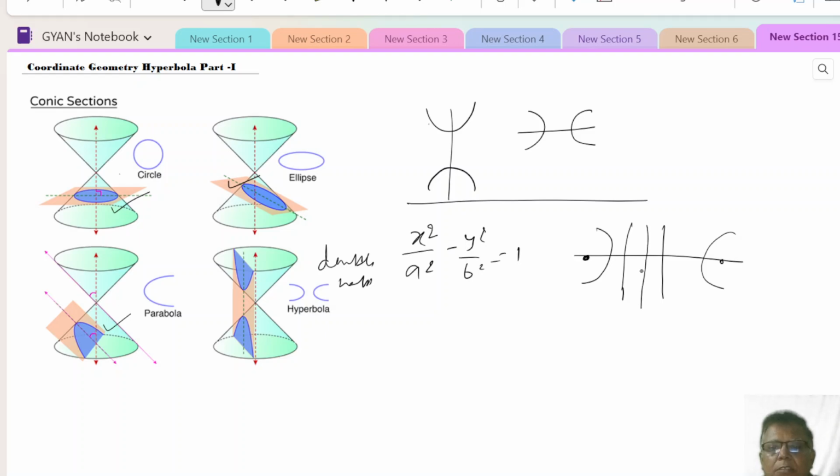And this one is the origin, 0, 0. From here to here is minus ae, here to here is plus ae, here to here is a by e, and here to here is minus a by e.